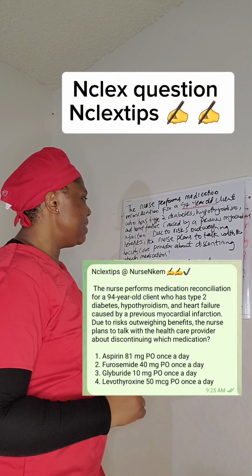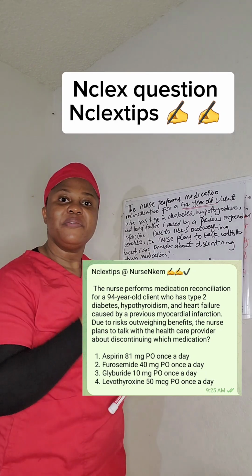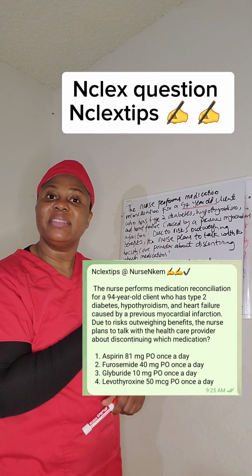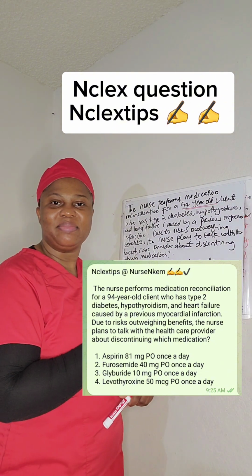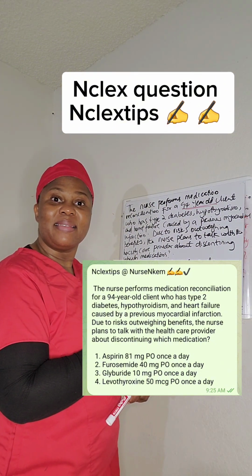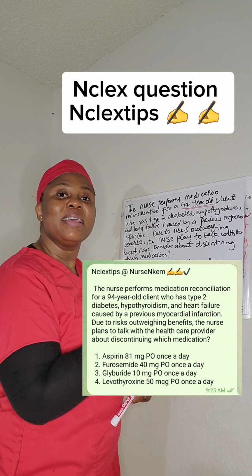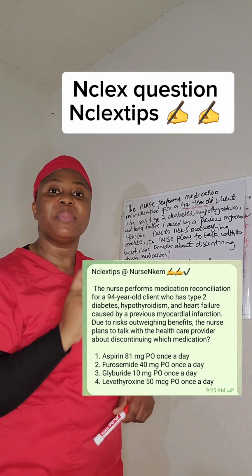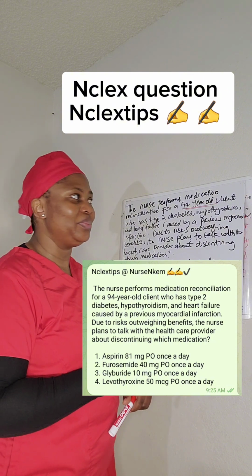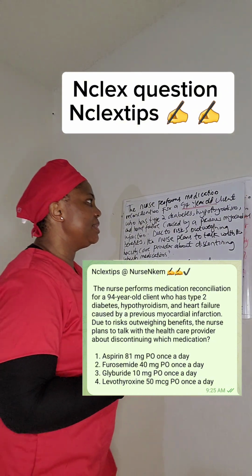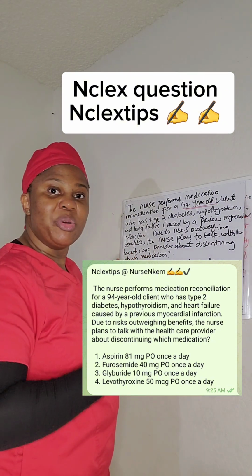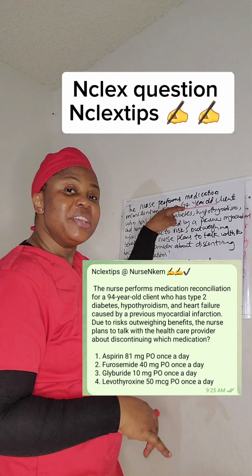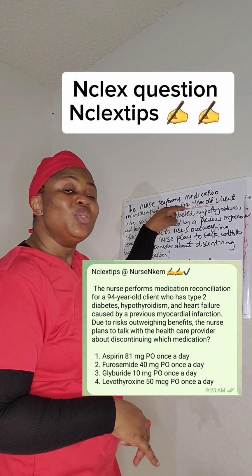You will be able to select the correct option if you know these medications, their benefits, and their adverse effects. If you know the signs and symptoms, the adverse effects, and the mechanism of action of these 4 medications, you can select the correct option. Before you start, you have to pay attention to the modifying phrase, which is the population, the age. A 94-year-old client.